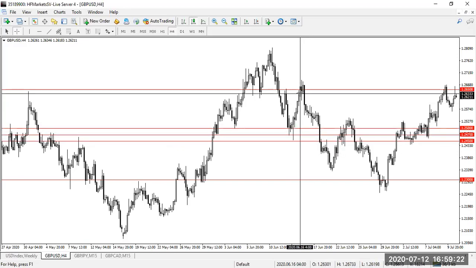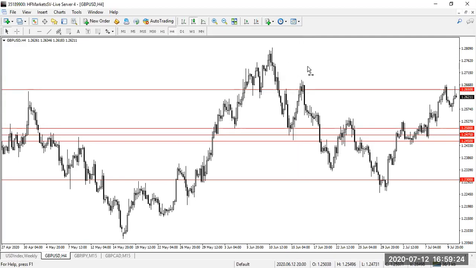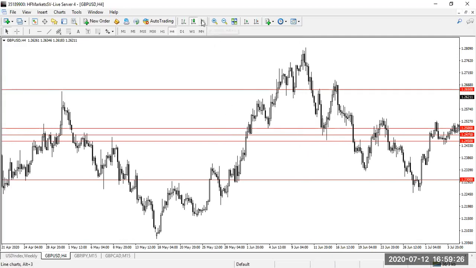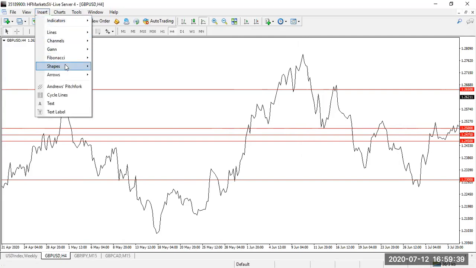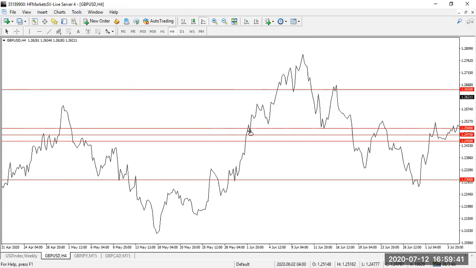Let me draw a 4-hour zone, which will help us clarify this trade a little bit more. I have this area here as a swing low, and this area is my swing low.